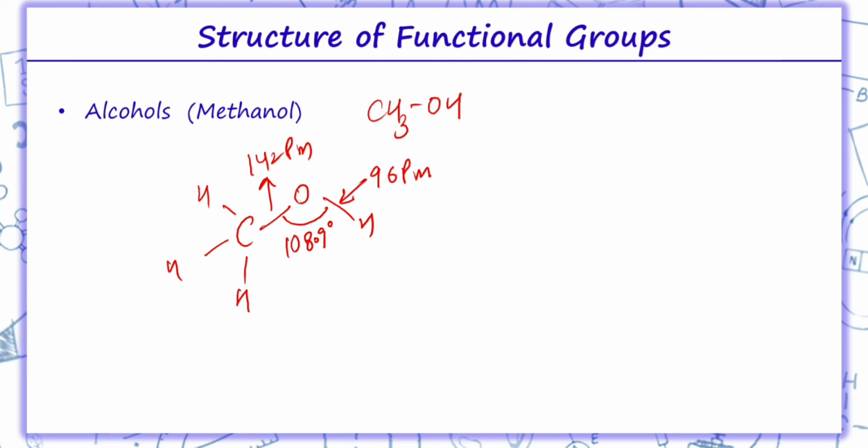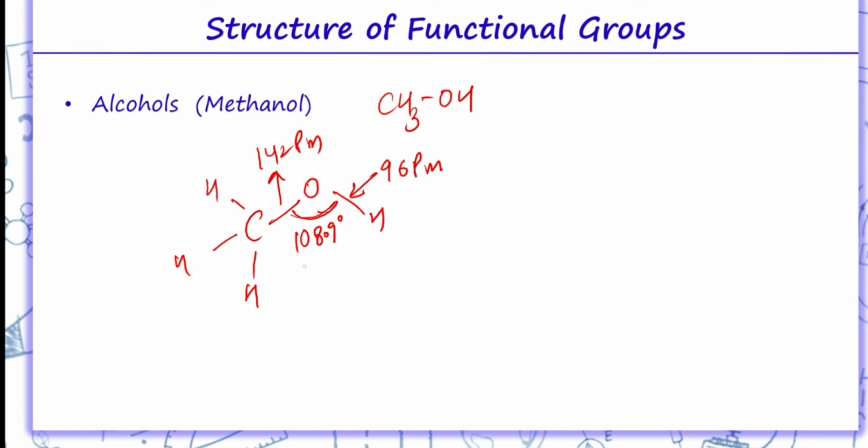Thus in alcohols, the oxygen of the OH group is attached to the carbon by a sigma bond, which is formed by the overlapping of an sp3 hybridized orbital of carbon. And here the bond angle COH is slightly less than the tetrahedral angle.